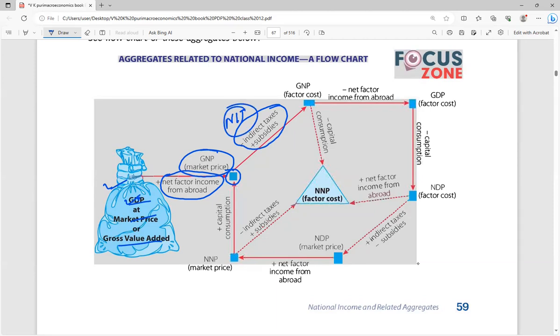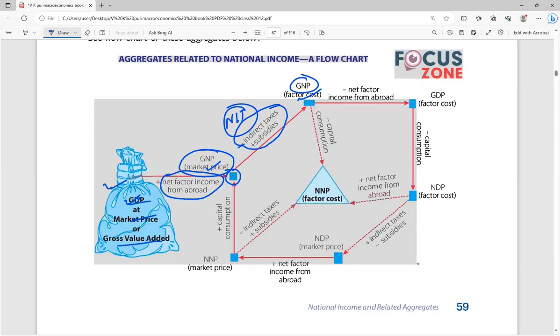So if you subtract net indirect taxes, calculated how? Indirect tax minus subsidy. Don't worry about that, just do that NIT. If you subtract NIT, only the market price changes to factor cost, remaining the same. Check once, GNP, FC. Done.